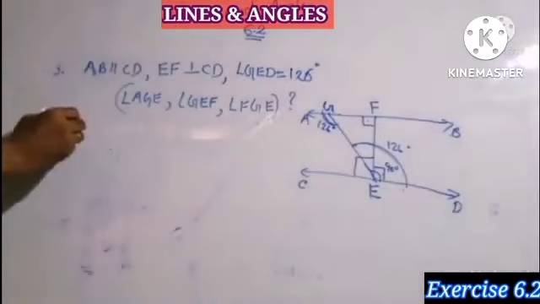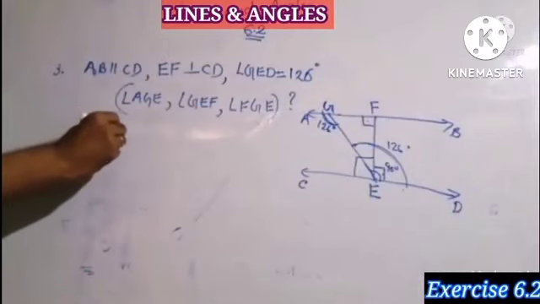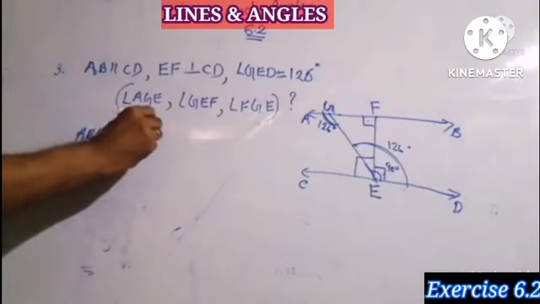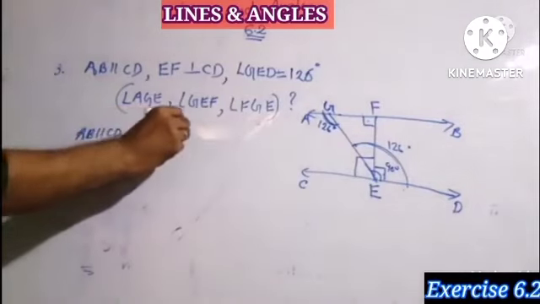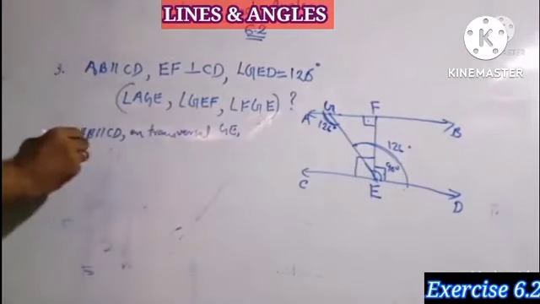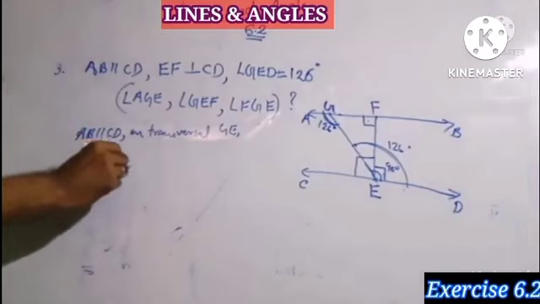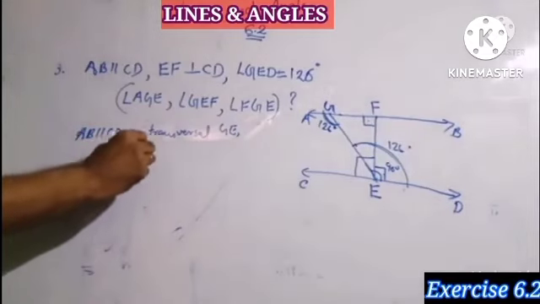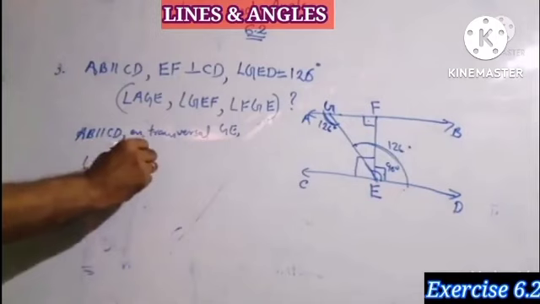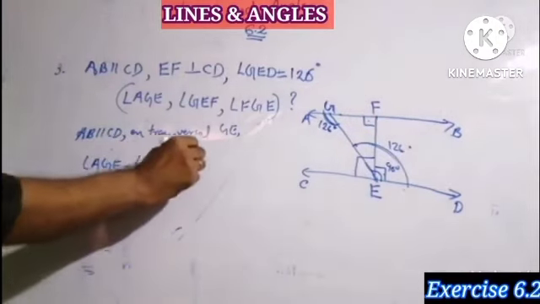And we know that AB is parallel to CD, and on transversal GE, angle AGE will be equal to angle GED, equal to 126 degree.